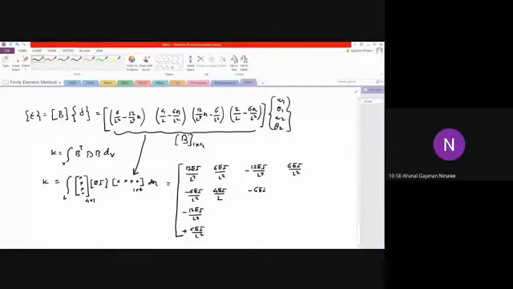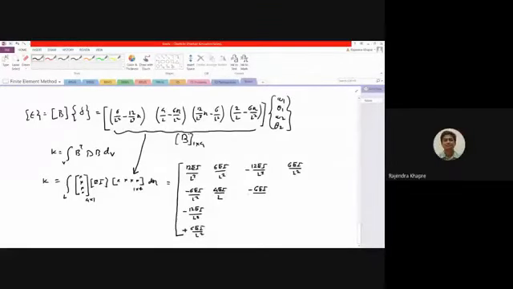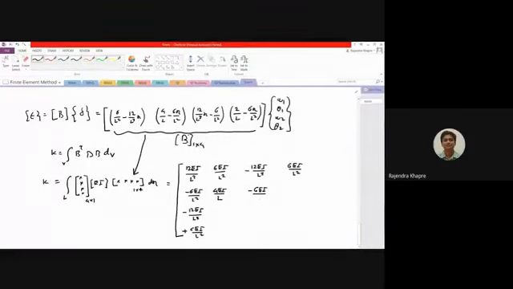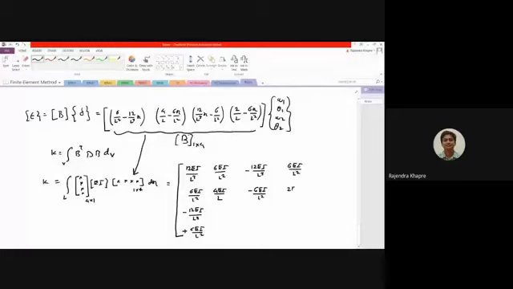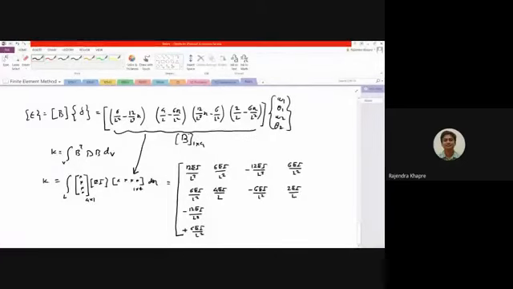Sir, the first column of the second row is positive. The second row, first column, this is positive, right. This is not there, no? Okay, thank you. And this is something like 2 EI upon L. I hope this is correct now.